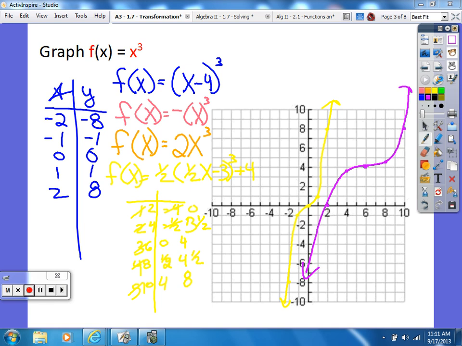No. Go back to the original chart. Yeah, I did. I had -2, -1, 0. Okay, so what X values do you have? They should be my exact X values, because if you use my X values there, you're using these X values here. Okay. So I've got 2, 4, 6, 8, 10 for my X values.